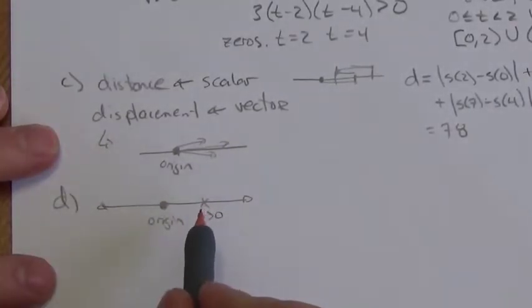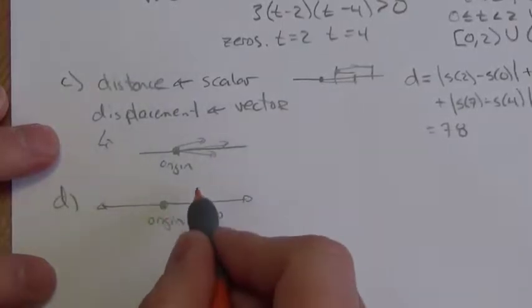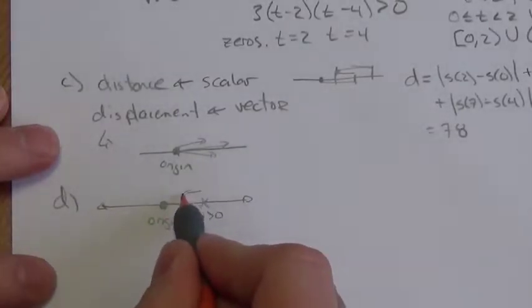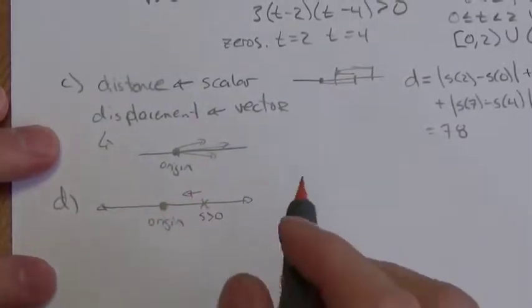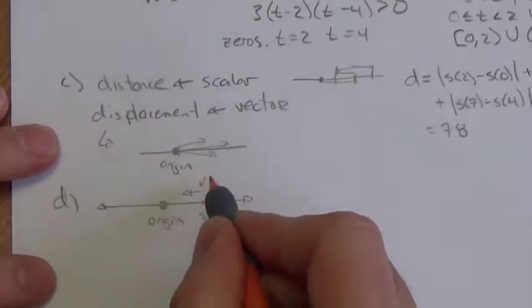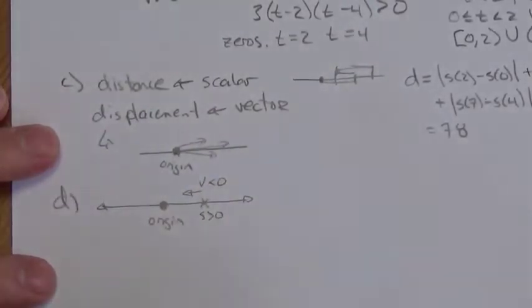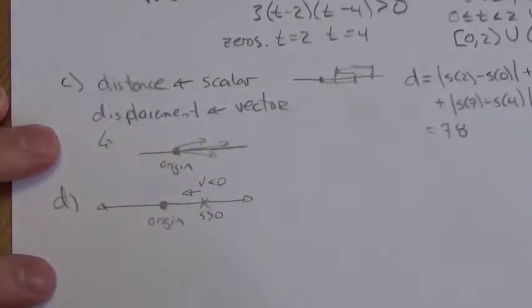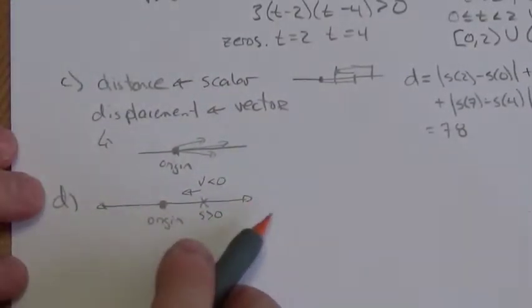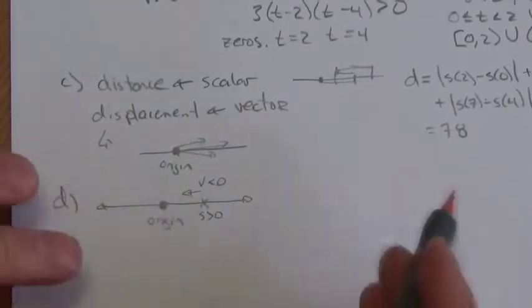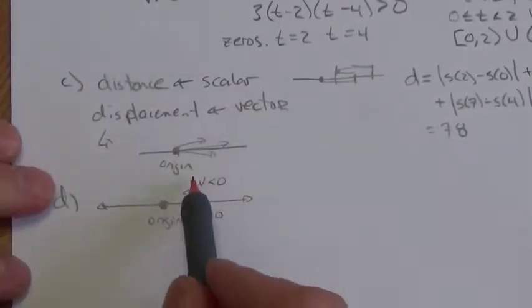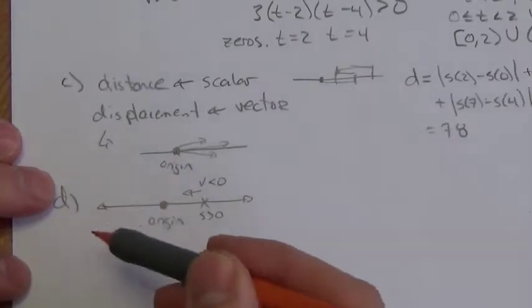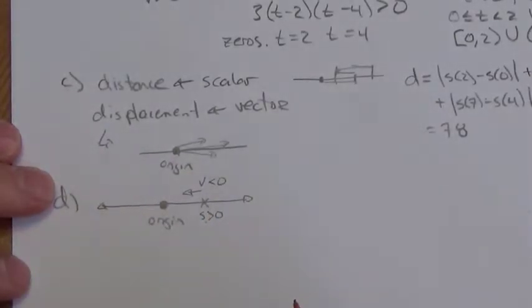Now, if I'm going to be moving towards the origin, that means my velocity would have to be less than 0. It would have to be negative. I'd have to be moving to the left. If I'm moving to the right, then I'm going to be moving away from the origin. So velocity would have to be negative if my displacement is positive.